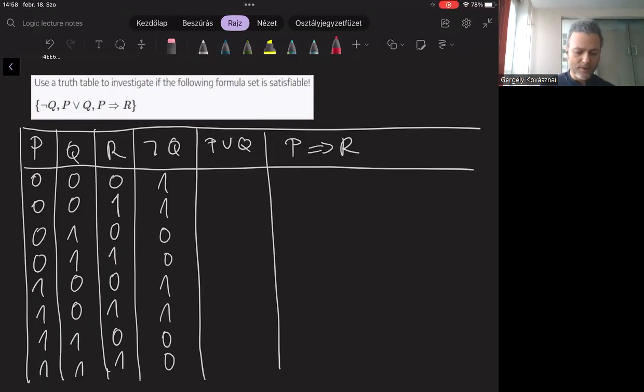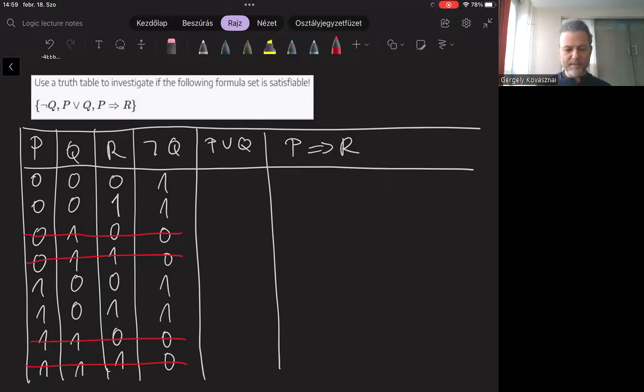And of course, now we can already immediately rule out interpretations which made one of the formulas 0. So we can rule out those 4 interpretations and only continue with the remaining 4 interpretations. This makes the situation much easier.